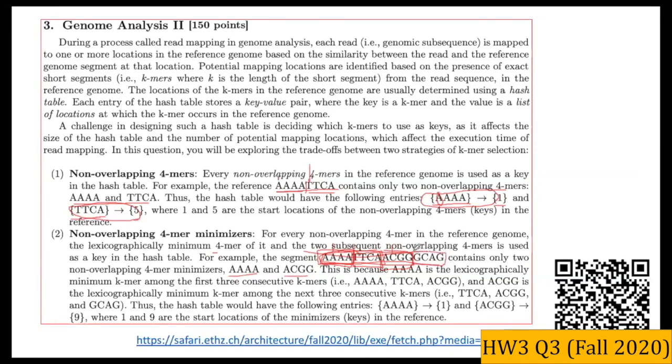Now we sort them, and then we pick the minimum as a minimizer, which is ACGG. I hope this is clear. This is exactly what we store in the hash table: the k-mer itself and the start location of each k-mer. Here it's 9 and here it's 1.